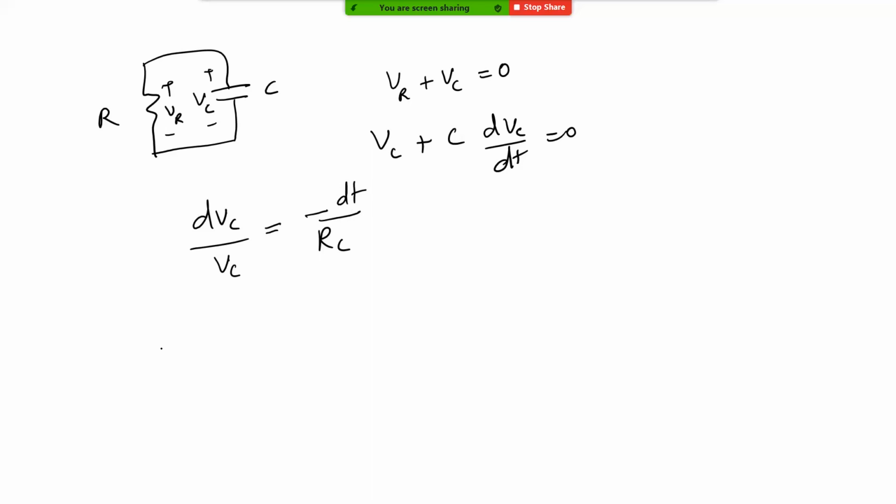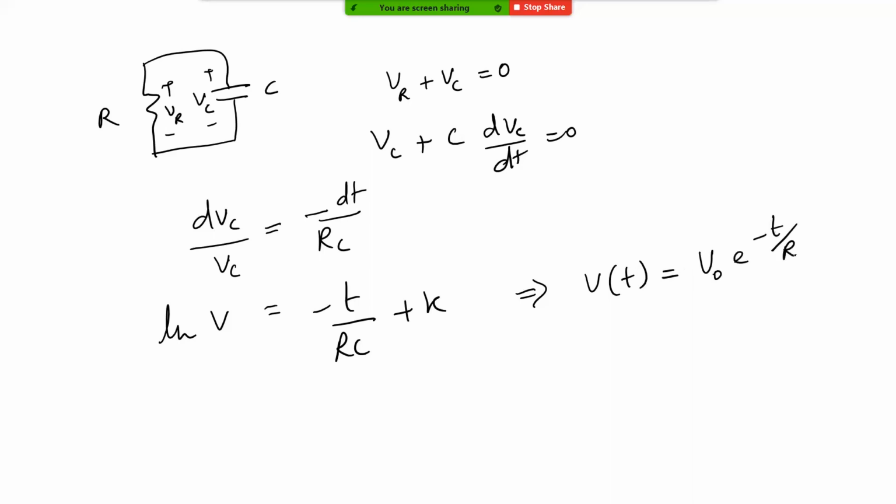So you can integrate it, and you will get the natural logarithm of V equal to minus t by RC plus K. Now you can substitute for the initial condition, and you will get the same kind of expression: V of t will be V naught e to the power of minus t by RC.